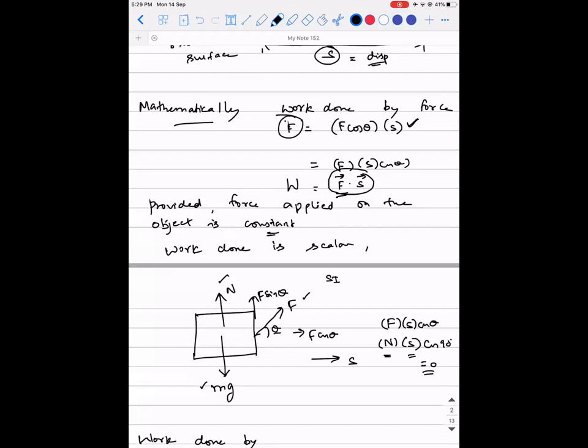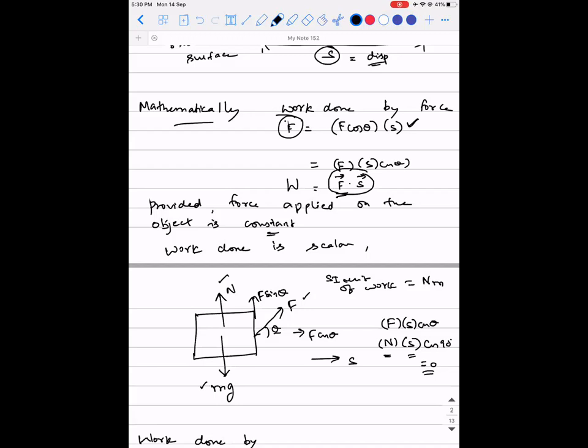What will be the SI unit of work done? Newton meter. Force is measured in Newton, displacement is measured in meter. There are two physical quantities which have the same unit, Newton meter.